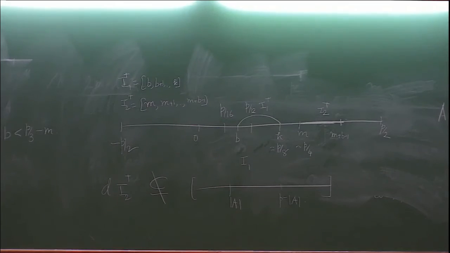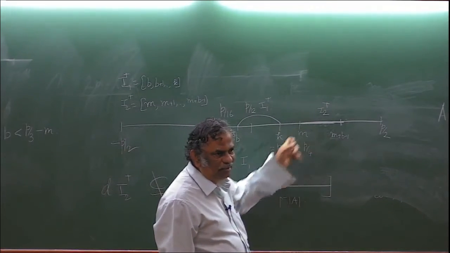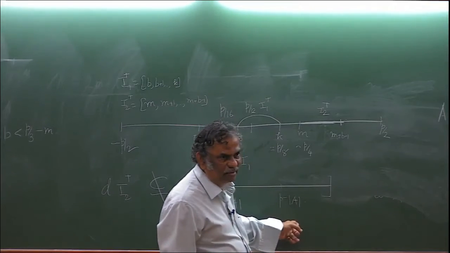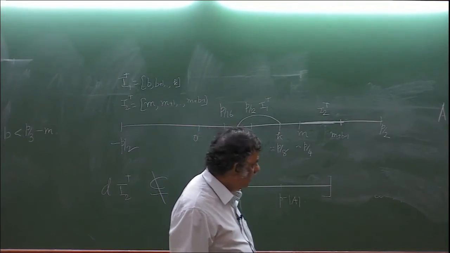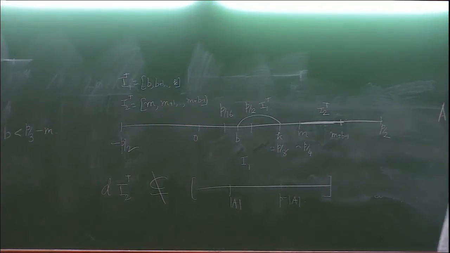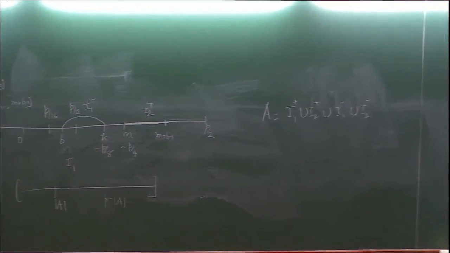Okay? Therefore, what should we do? I should take every element here, multiply by D and see where it lands. And then I would like to know whether it lands in this interval. Correct? That's exactly what I am going to do, which means I am going to plot D times M first.